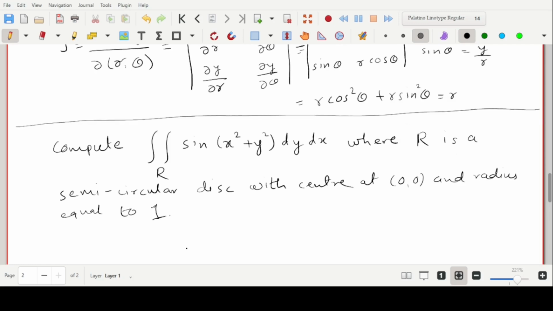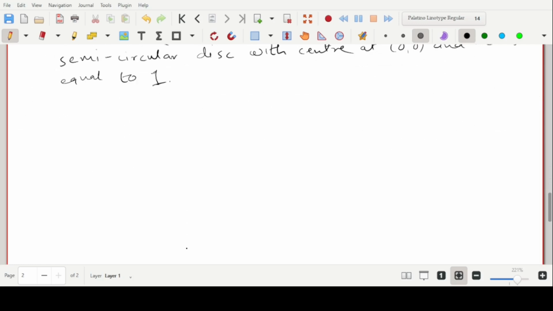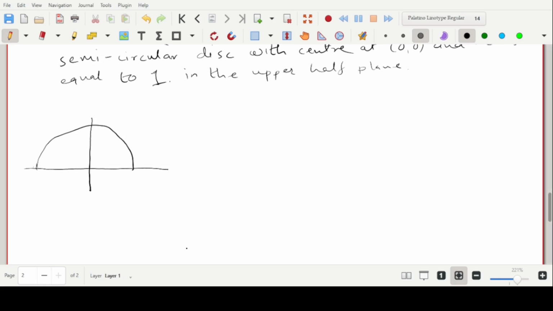Okay, so standard circular, something like this. If we draw the diagram, then the disk is like this in the upper half plane. Not a very good diagram, but please understand that this is a semicircular disk.